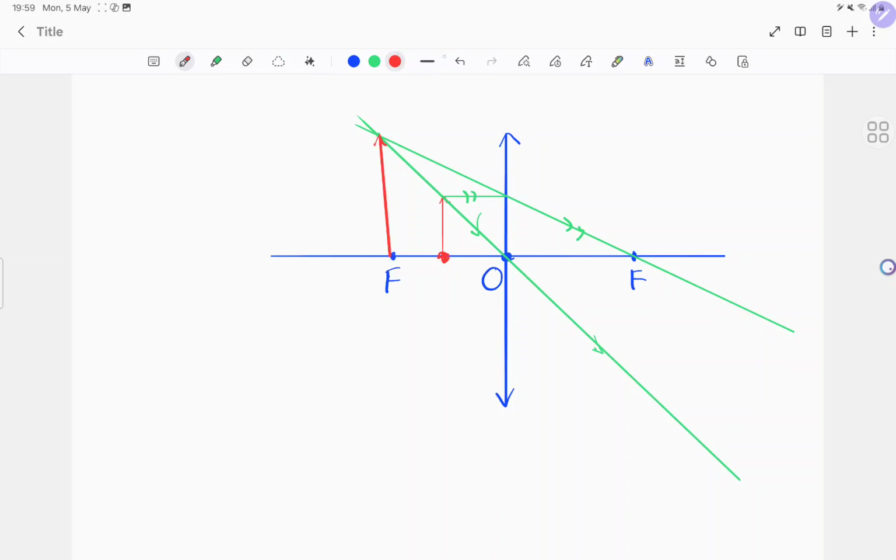So it's also called image. What's the name? Give me the name for this type of image. Is it an imaginary one?